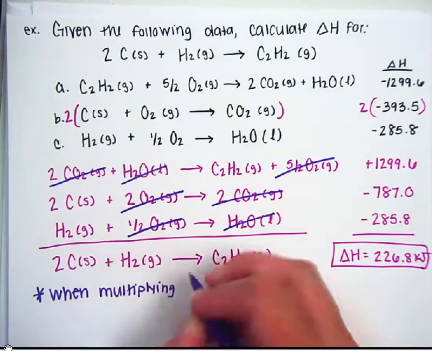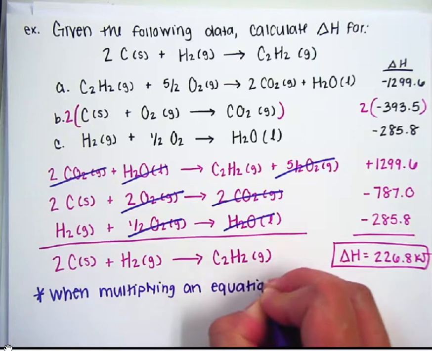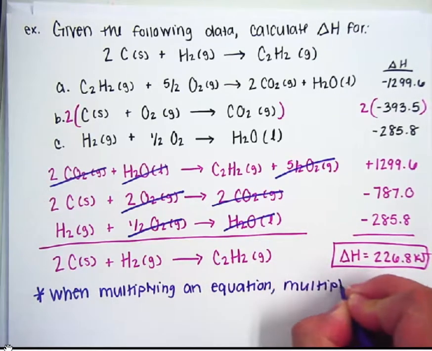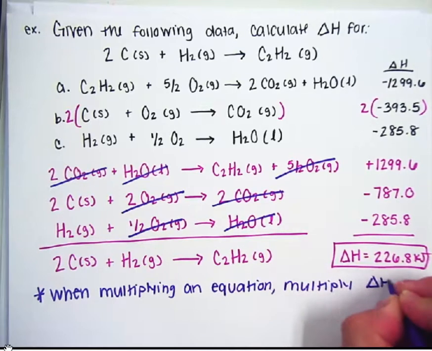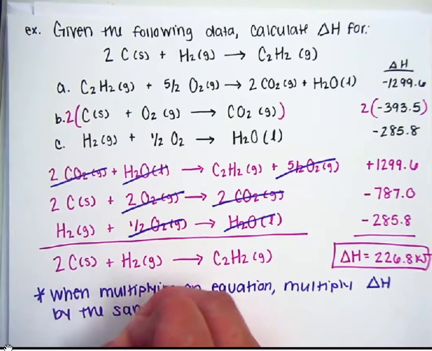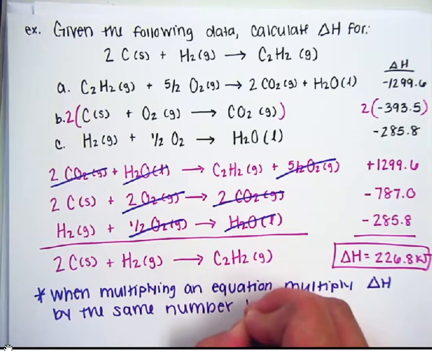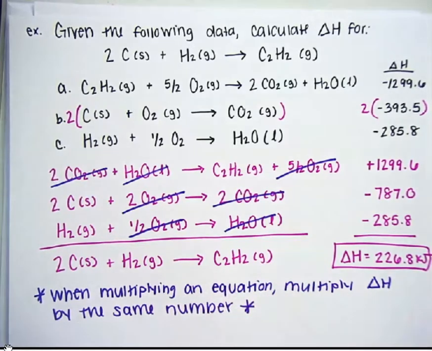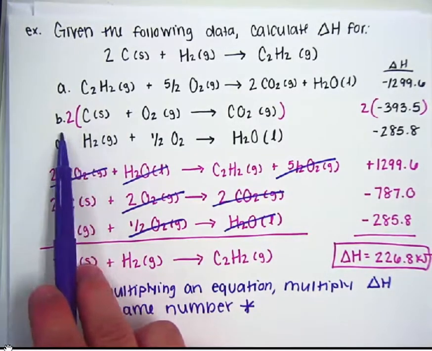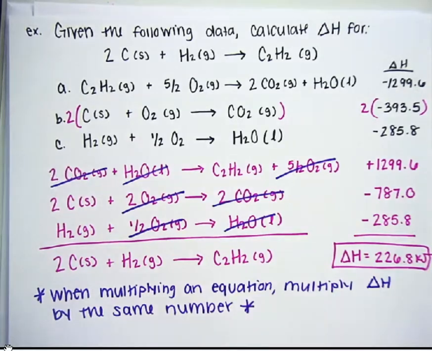When multiplying an equation, we multiply delta H by the same number. So in order to get my 2 moles of carbon, I needed to multiply reaction B by 2, so I multiplied its delta H value by 2 as well.